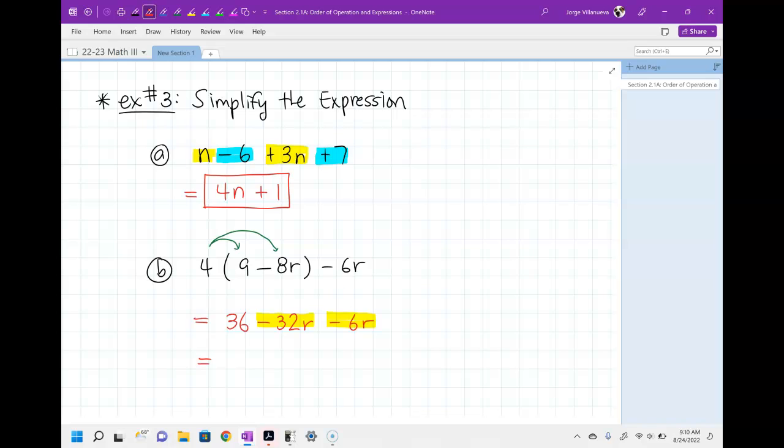Those are like terms, so I'm going to put 36. And what do I get? Negative 32 minus 6 is what? Negative 38, right? If they're the same signs, you add. So I always tell people same signs sum, right? So negative 32, negative 6, so 32 plus 6 is 38. Just keep it negative. Okay? So here's your answer for that one.